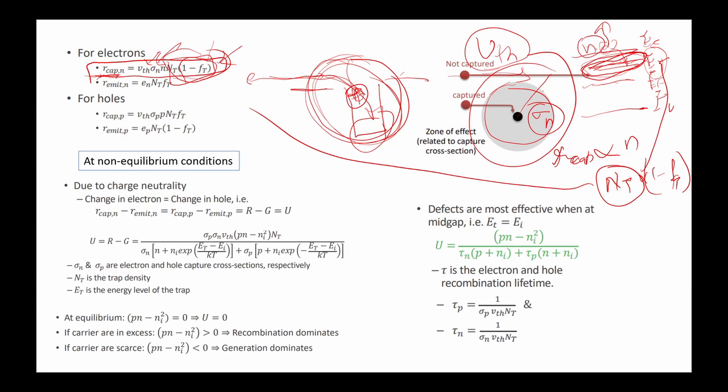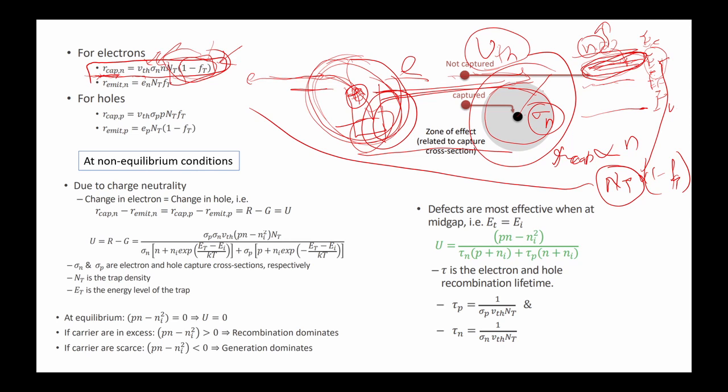The more the velocity, the more the capturing rate. We can say this electron is static and this capture cross section is moving in this direction, so more and more electrons will come in the vicinity. Therefore it is directly proportional to the velocity of the electron.